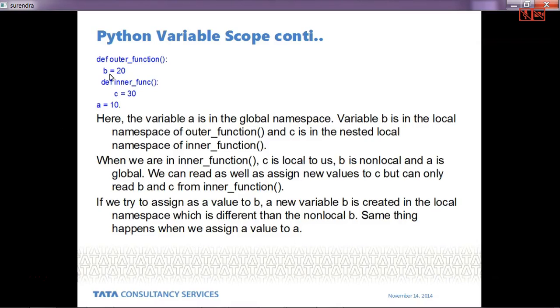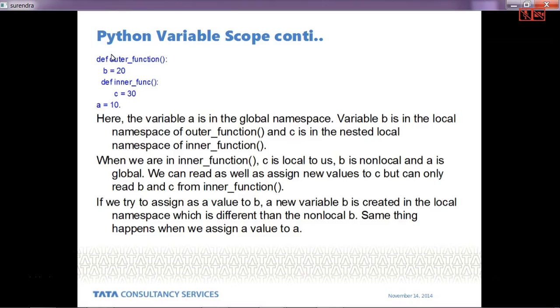Because the scopes of these three are different. C is a local variable to this inner function, B is a local variable to the outer function, and A is a global variable to the whole program.